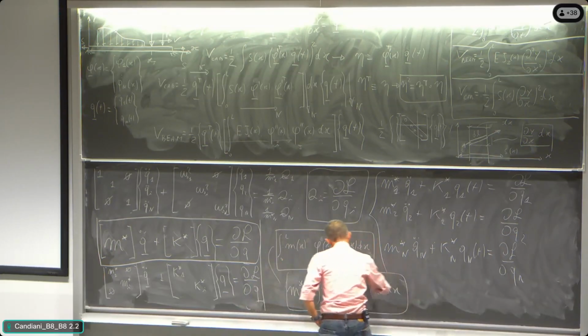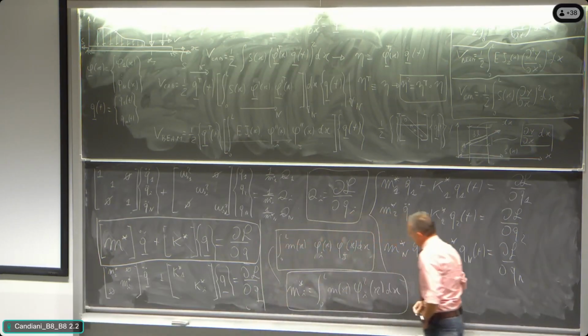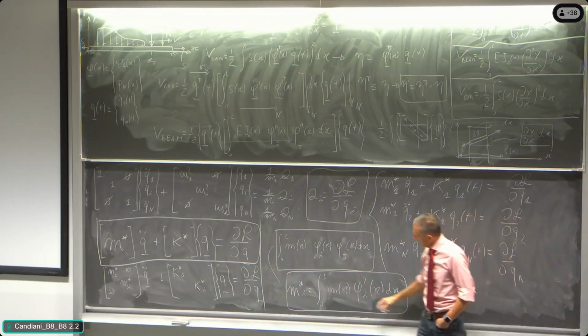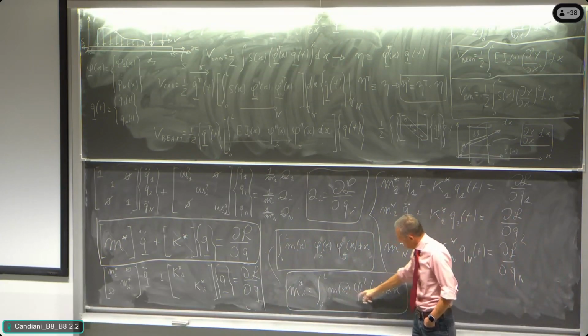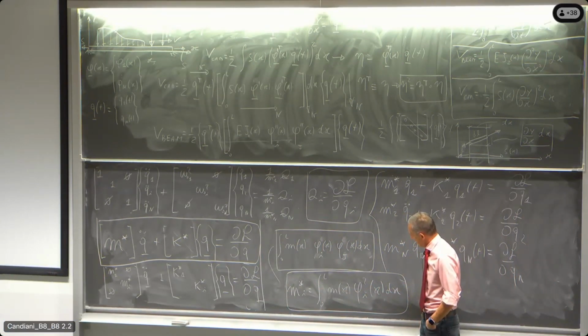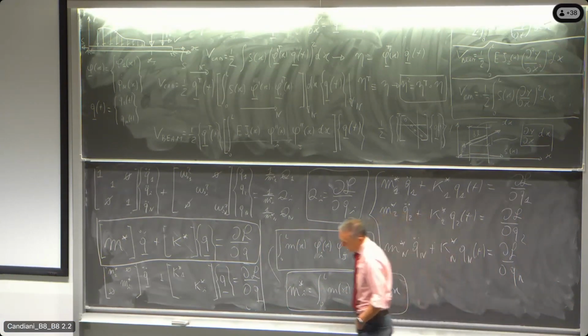This is the modal mass. Okay, so the modal mass is the distribution of the mass of the object weighted by the square of the modal shape.